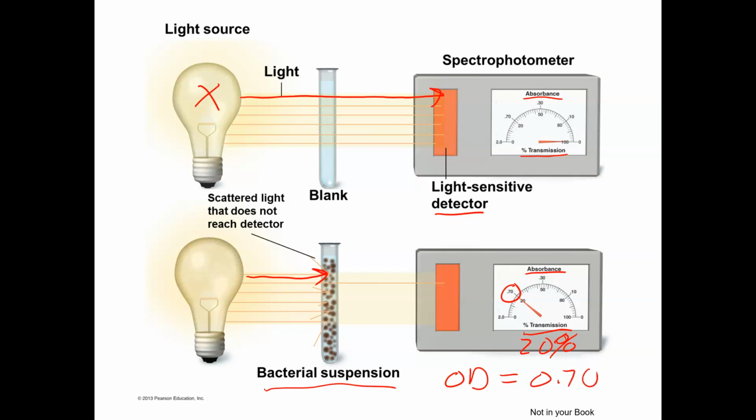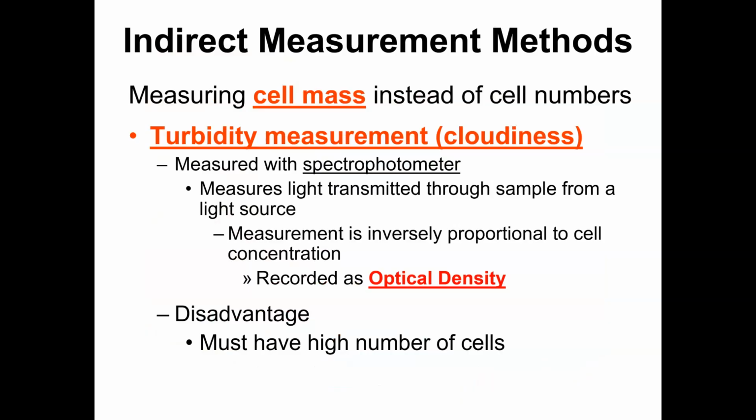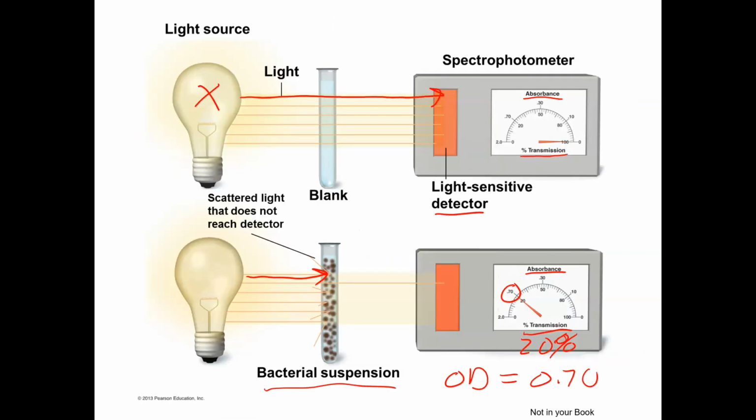So where did I just pull OD from? It's what we call optical density. It's a measurement of the cell density. So here, as the culture gets cloudier and cloudier and cloudier, more of it gets absorbed and the optical density goes up. So this is what typically gets published in journals.